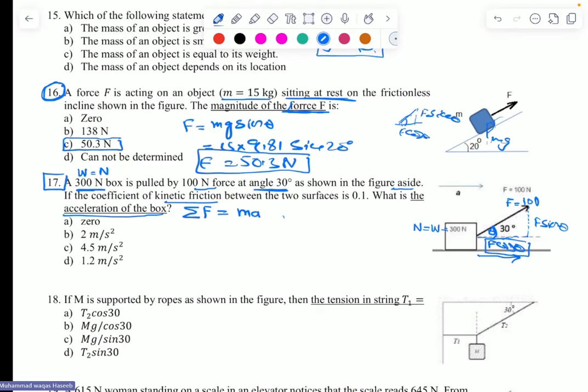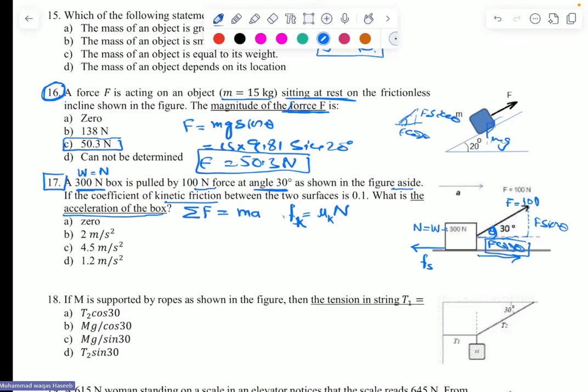Friction is a force that always acts opposite to the motion. So the frictional force is mu k times the normal force, and it is always opposite to the direction of the motion.